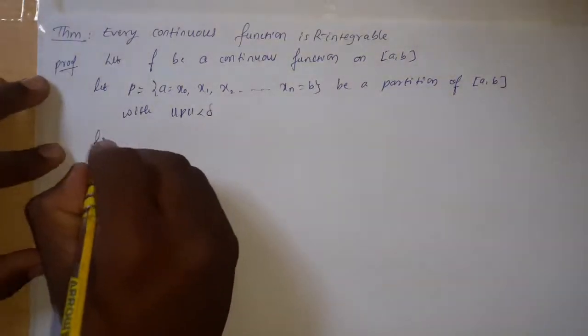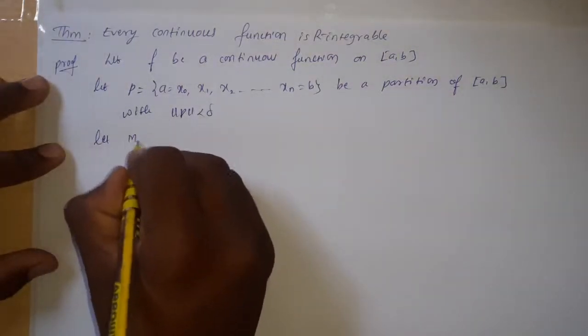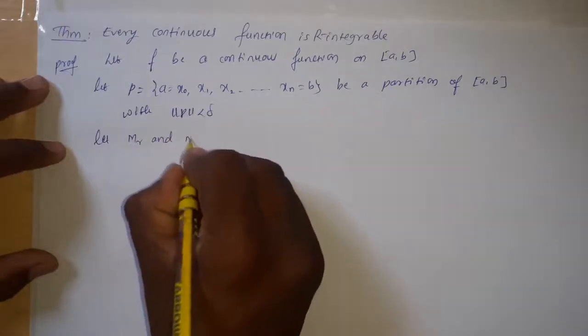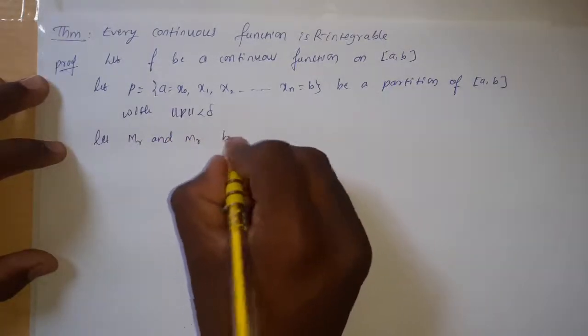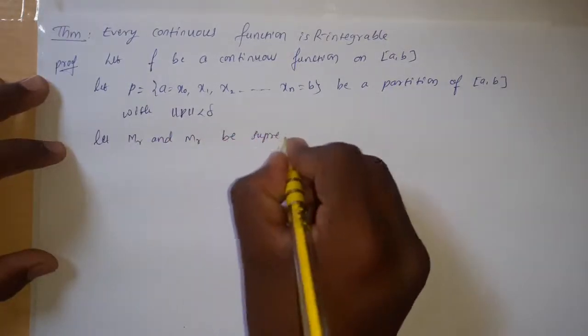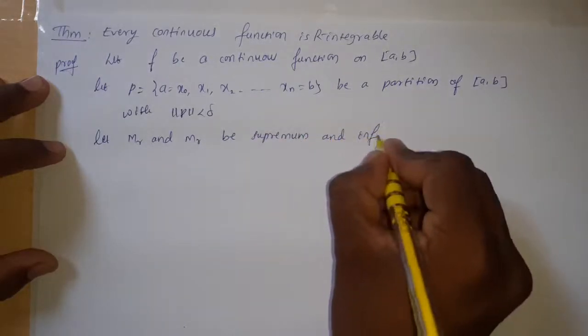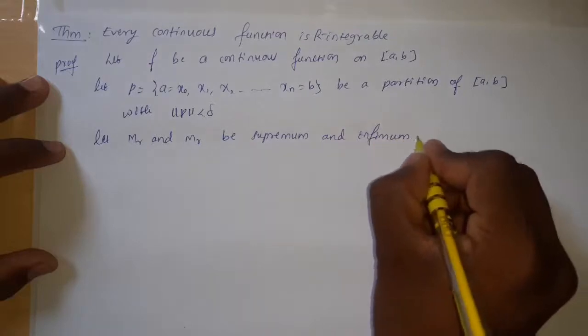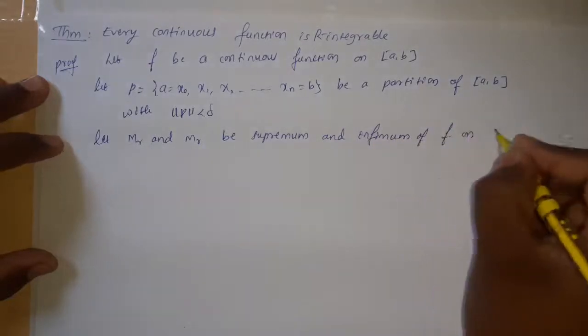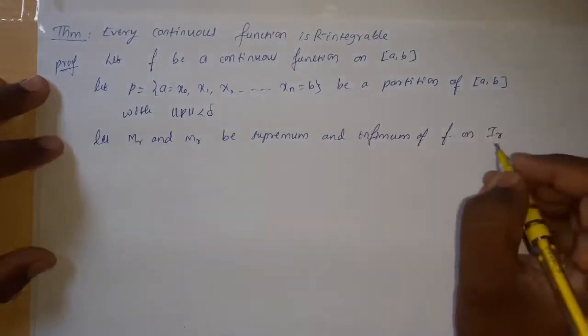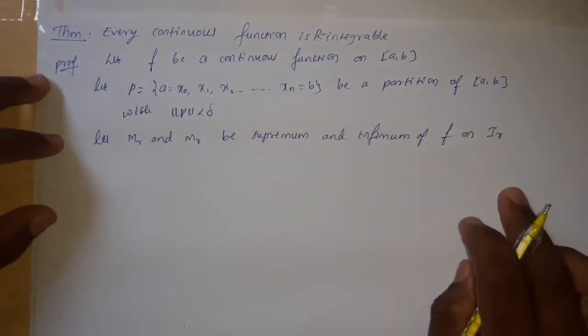Let capital Mr and small mr be the supremum and infimum of f on the rth subinterval, which is denoted as Ir.